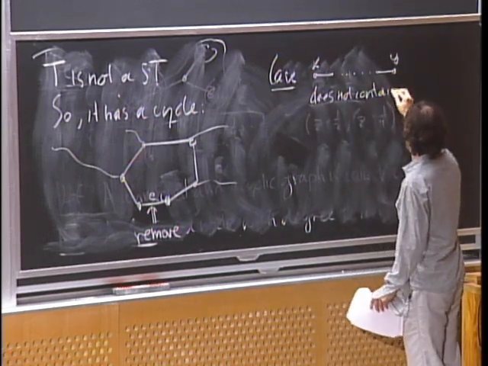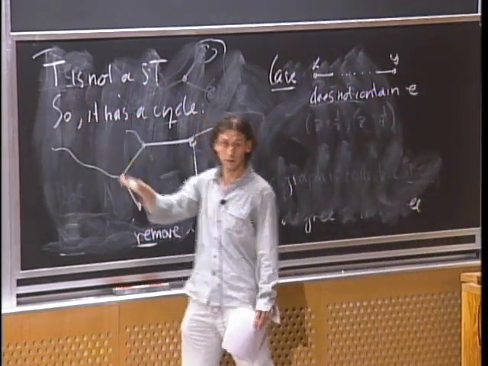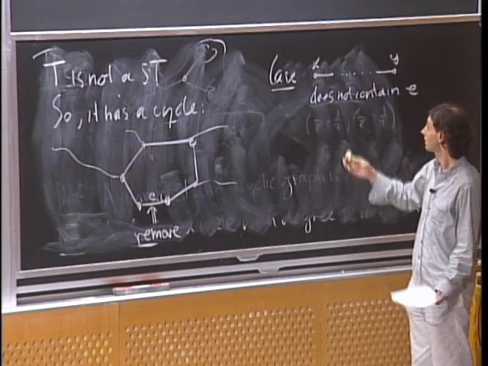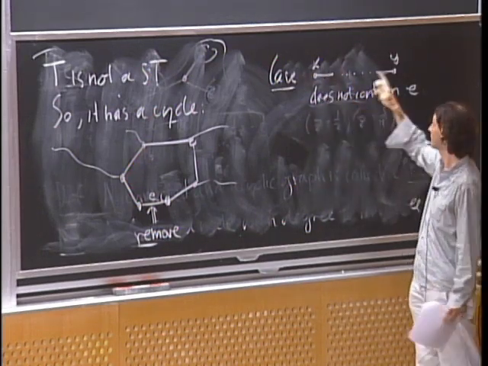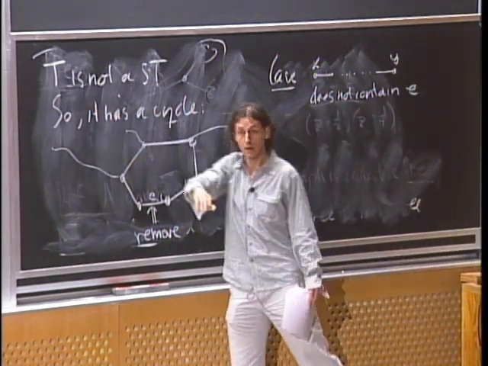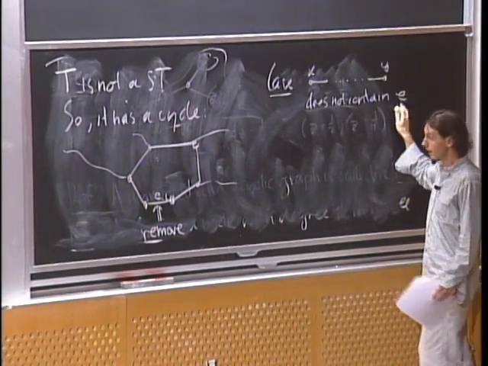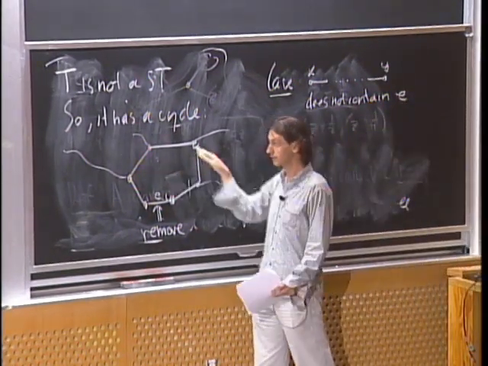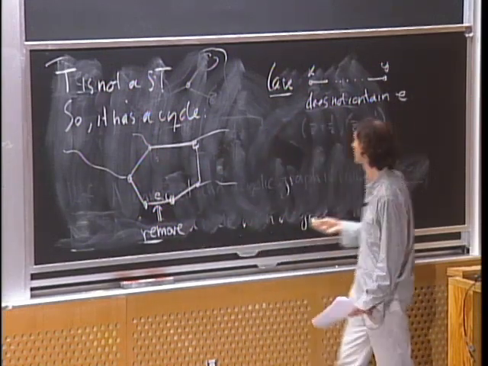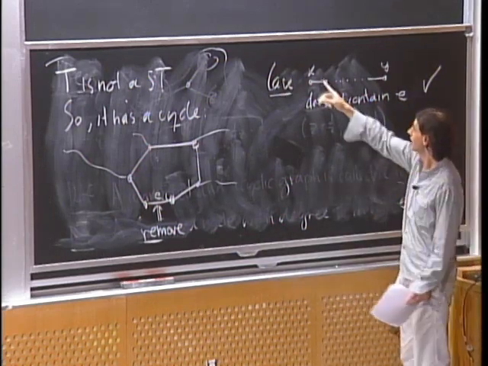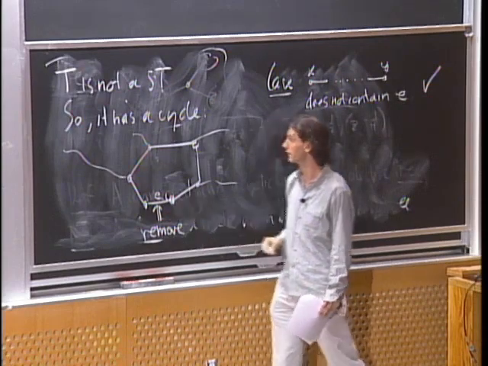So I look at the graph T. I know T is connected. So I take a pair of vertices x and y. I know there is a path between x and y in T. If this path does not contain the edge e, then I know that the same path still exists in the same graph where I have removed this particular edge. So that's great, right? So then I have shown that x and y are still connected in the new graph where I've removed this e.